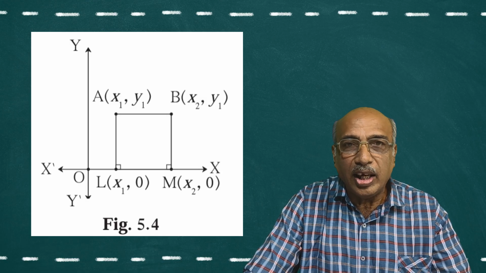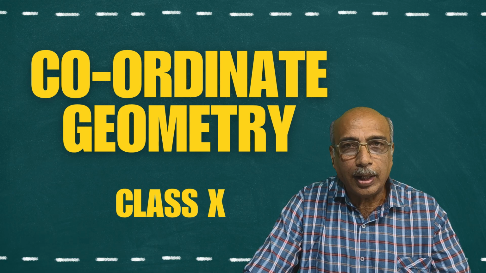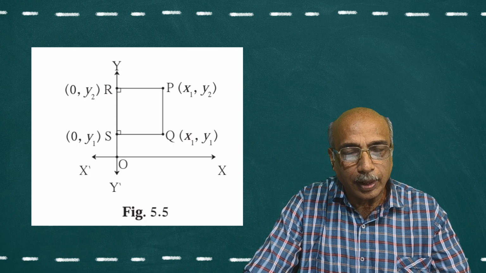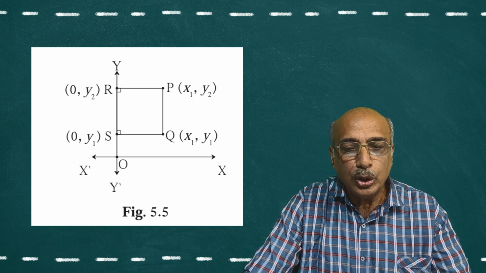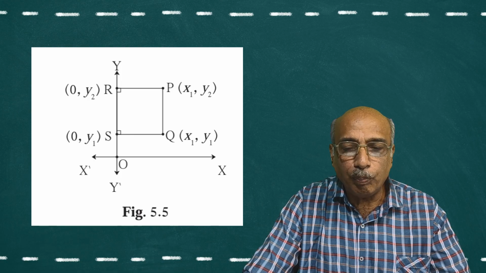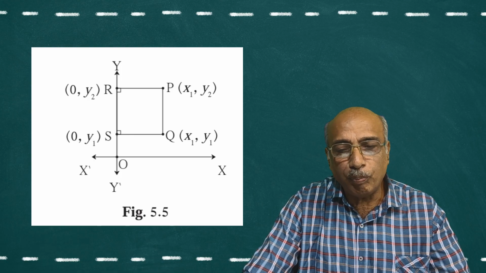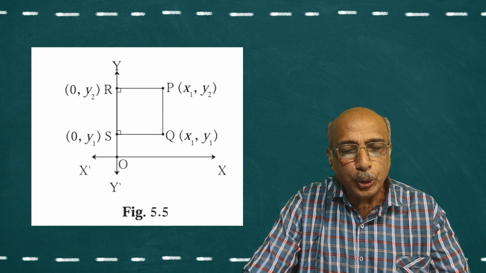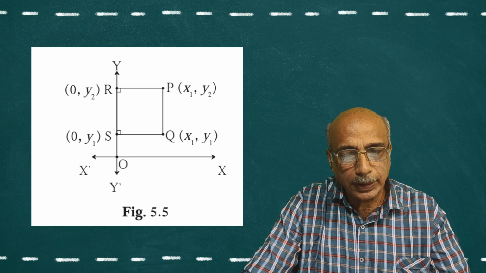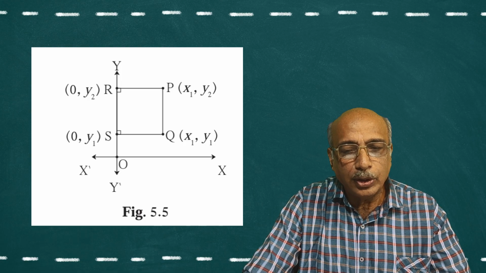Similarly, in this figure, P and Q are parallel to y-axis, so the coordinate of Q will be (x1, y1). Coordinate of P will be (x1, y2). P and Q are parallel to y-axis. x1 will be common. So the distance between PQ will be y2 minus y1.